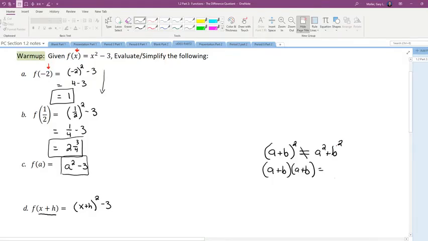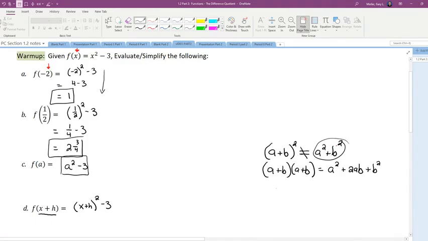And the shortcut on that is very simple. We're going to square the first term, just like you did incorrectly here. We're going to square the last term, just like you did incorrectly. And the only thing missing is the middle term. And the middle term would be you multiply the two together and double it. So it'd be 2ab.